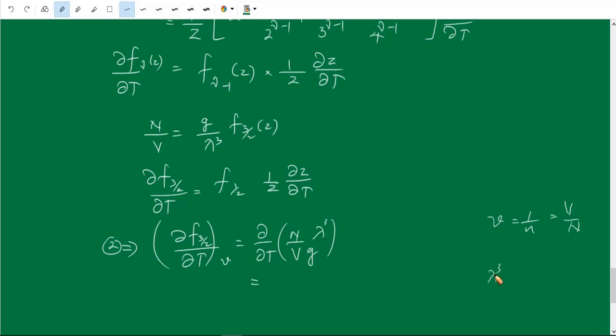has T^(3/2) dependence. Okay, so this will be equal to −3/2 T^(3/2−1), it will become T^(1/2). So this can be written as T^(3/2)/T.